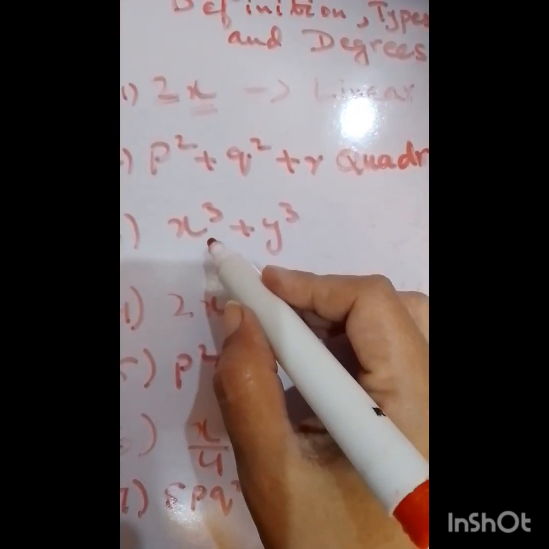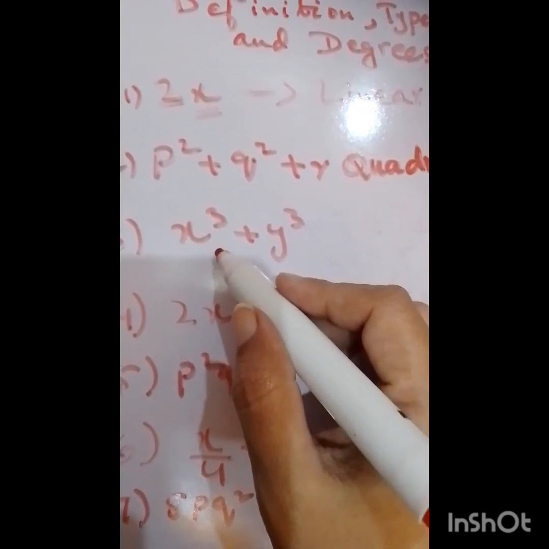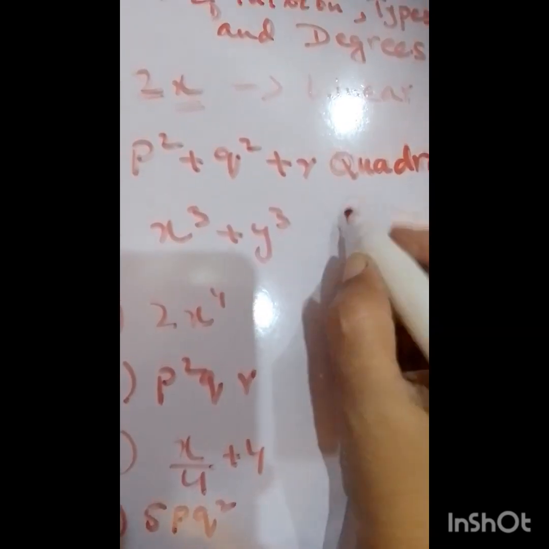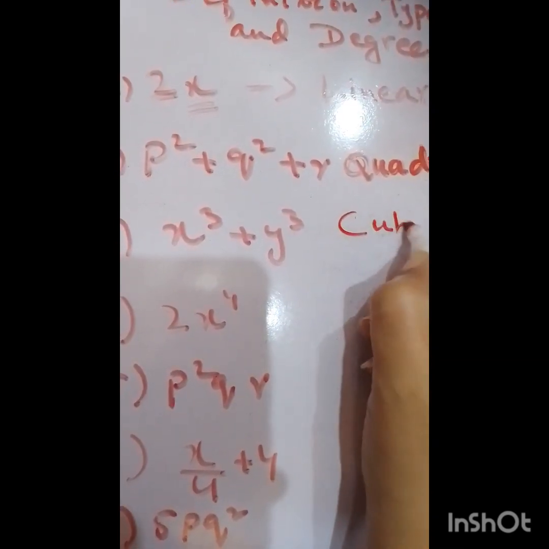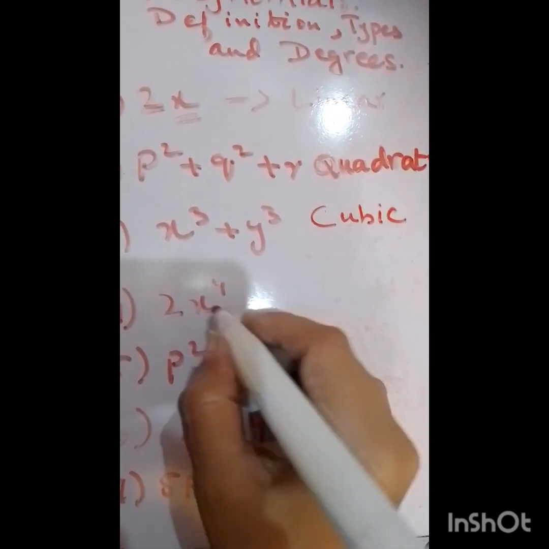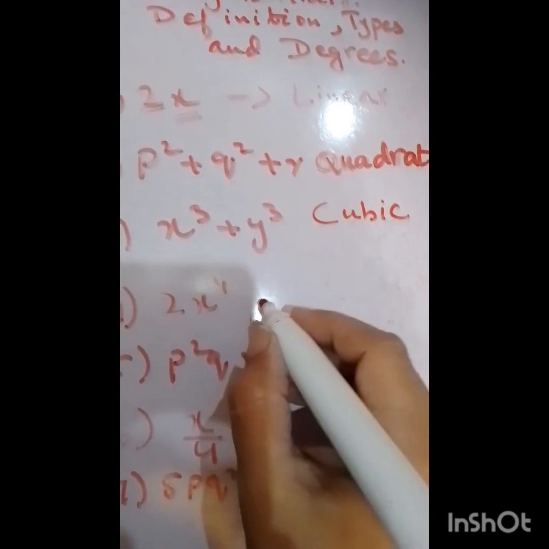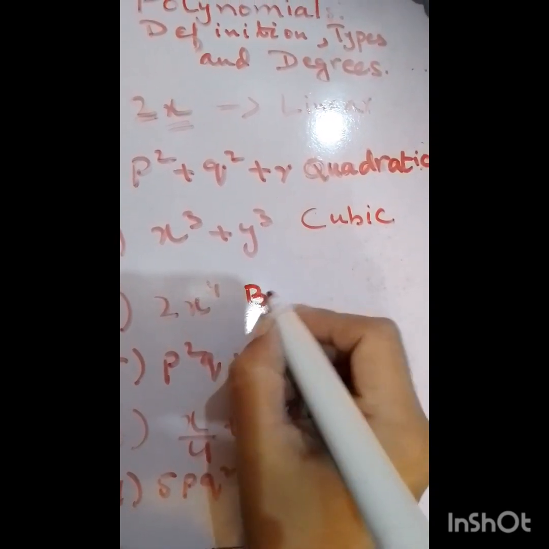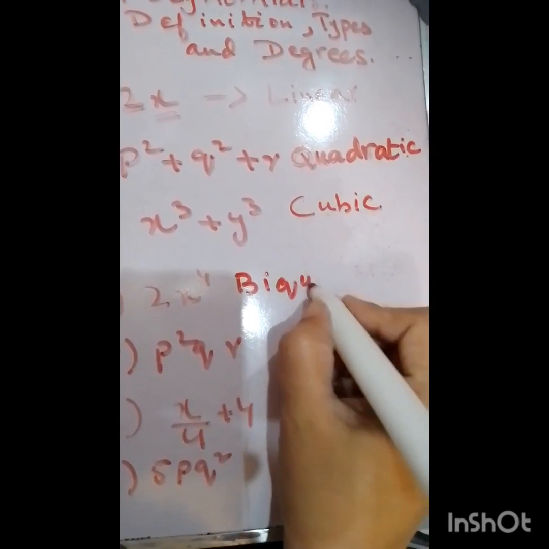And then if we have a look at the third one, you can easily recognize that it is cubic. Then the fourth one has degree 4, so it is a biquadratic polynomial.